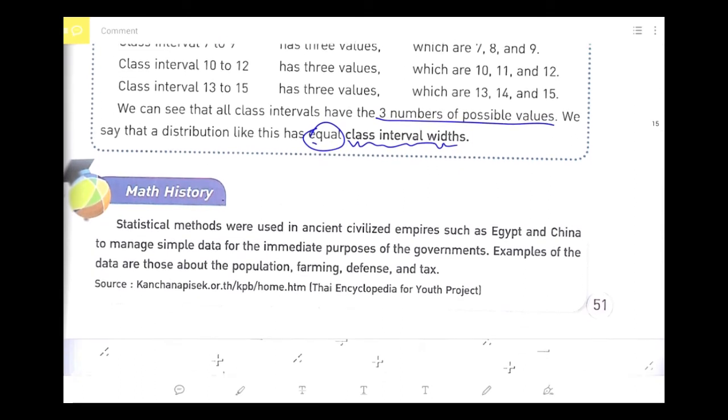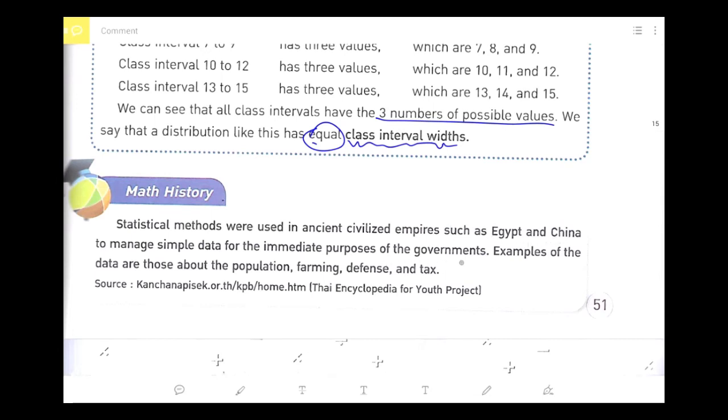Oh, what is that? Math history. Statistical methods were used in ancient civilized empires such as Egypt and China to manage simple data for the immediate purpose of the government. Examples of data are those about the population, the farming, the defense, and the tax. So statistics was used by Egyptians and Chinese long time ago.